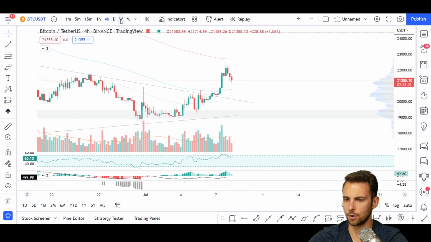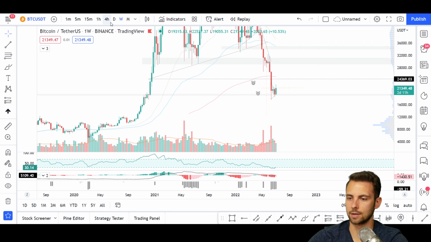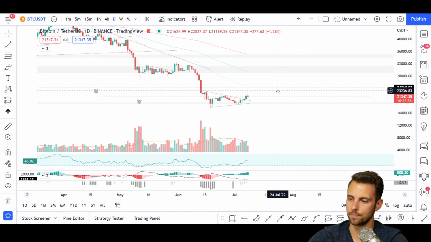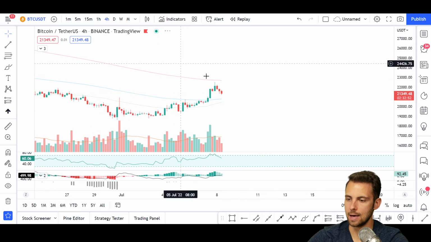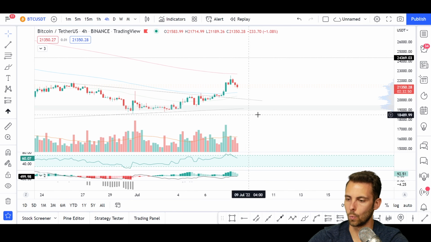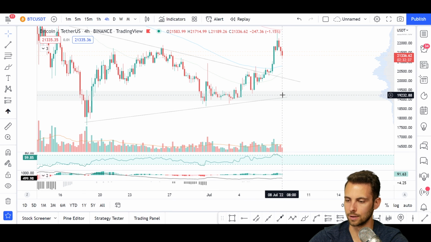So Bitcoin right now is in not very good shape, but I wouldn't really bet against this asset until we get down to this triangle, and from there it will be quite a clear sign we are still on the way downwards.